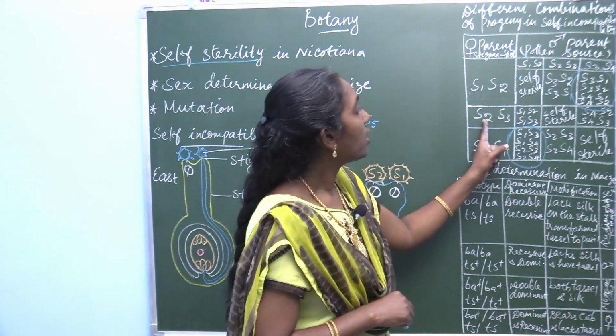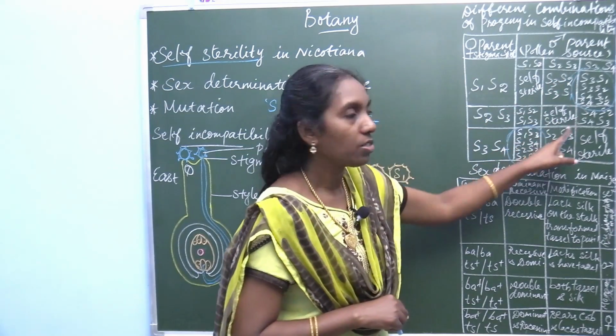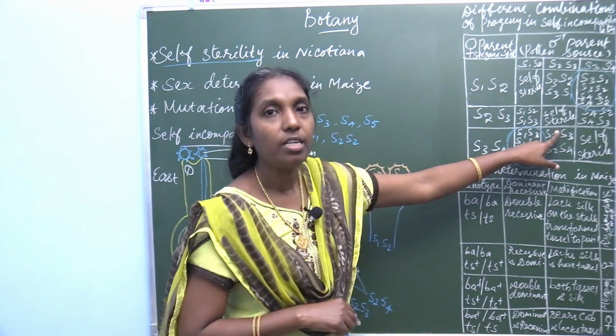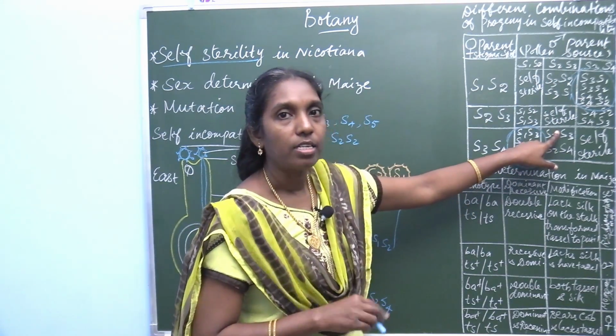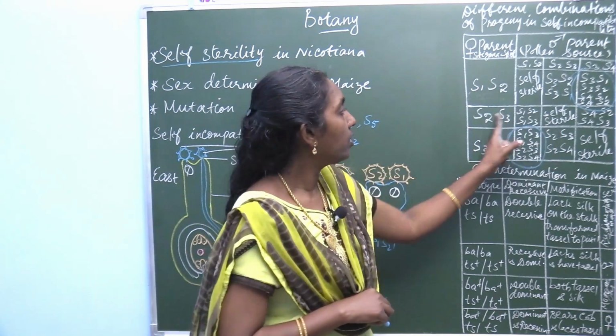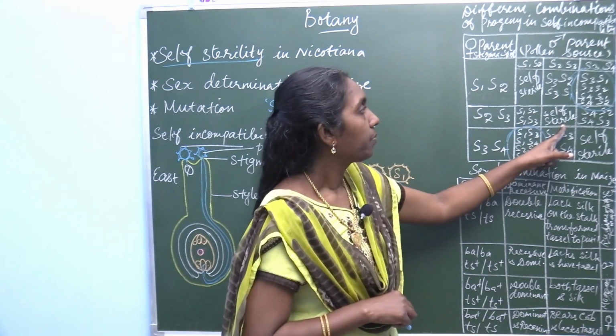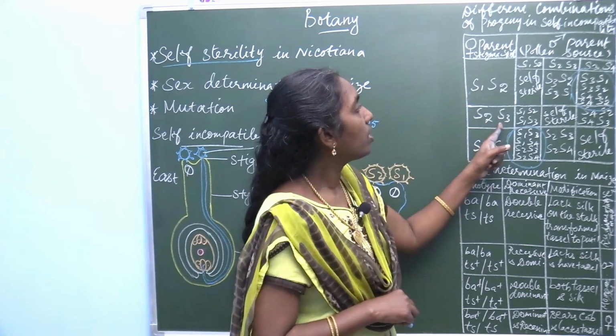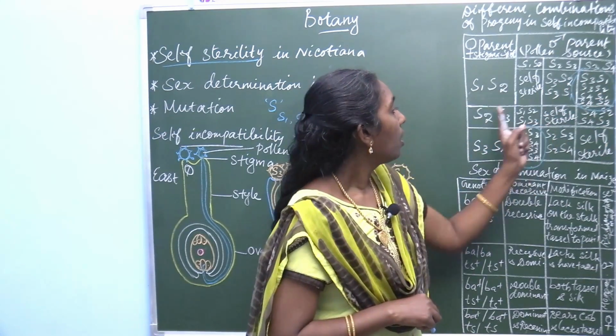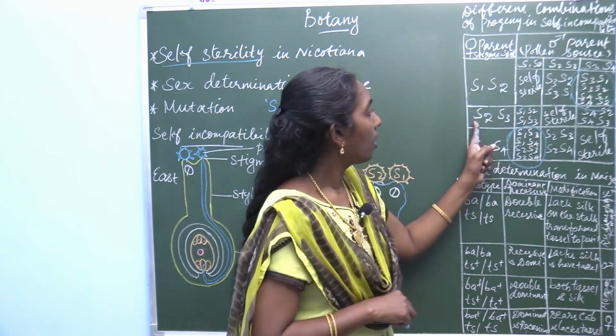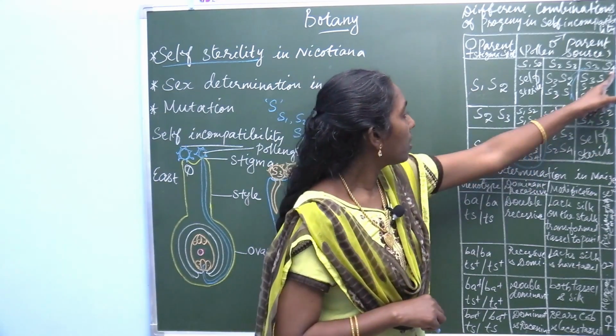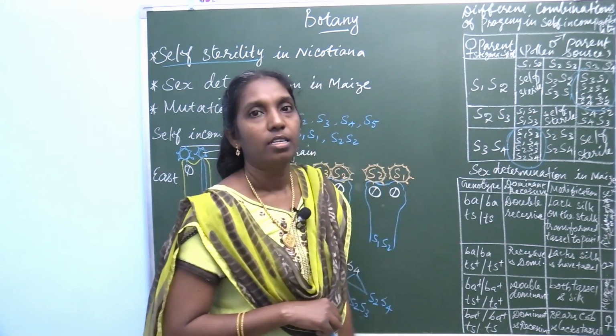Then this condition, S2, S3 and S2, S3, is a homozygous condition. Homo means the same condition, so it is self-sterile. And here S2, S3 with S3, S4 gives S2, S4 and S3, S4, other than S3, S3.